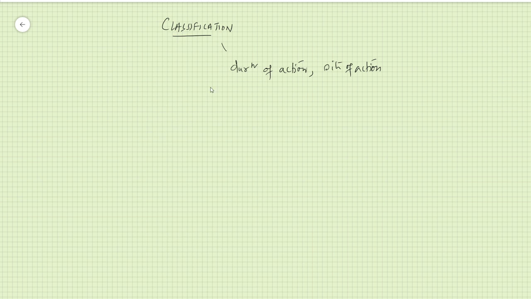So based on these criteria, sulfa drugs are classified as short or medium acting agents. If something is short or medium, then we have the long acting sulfonamides.